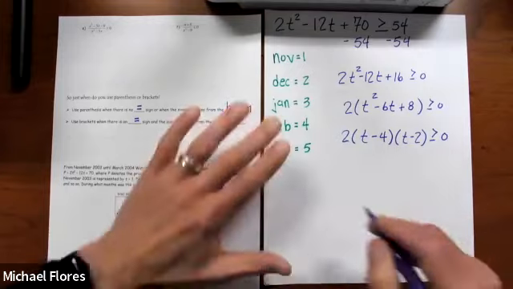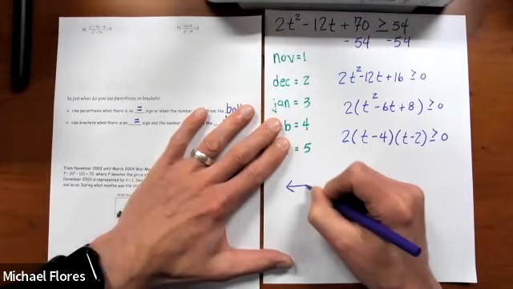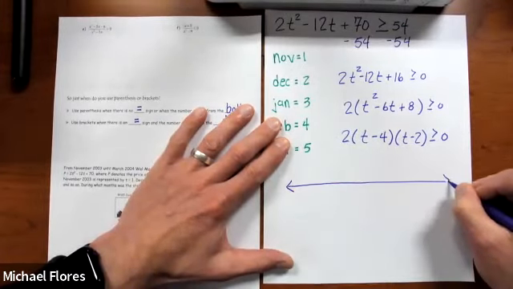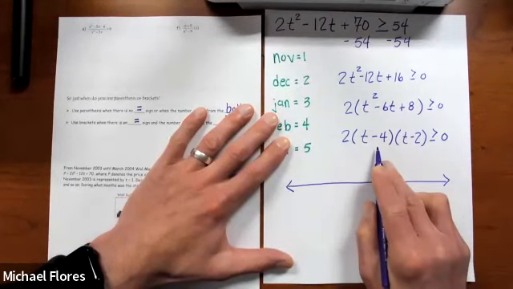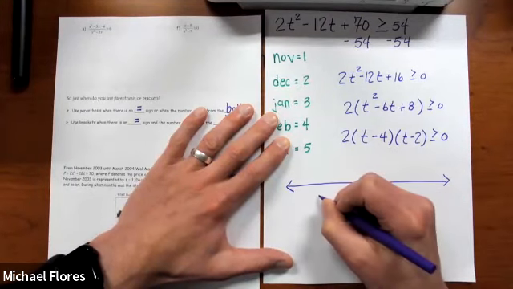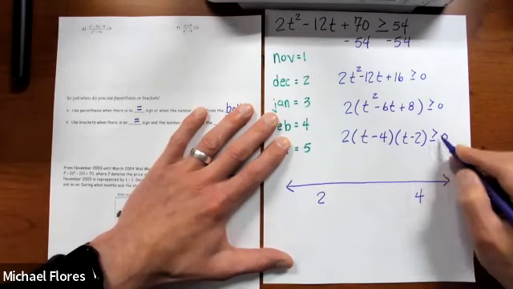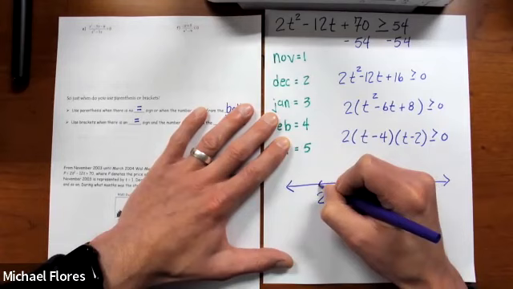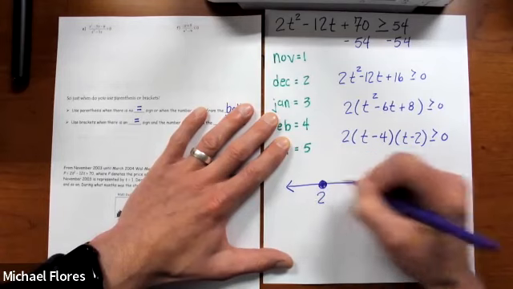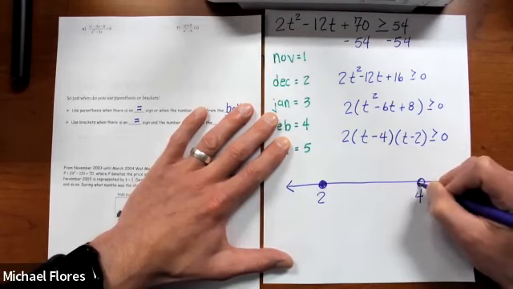Now we know we could construct our number line here. We know that we have an intercept at positive 2 and positive 4. Greater than or equal to, so we could use solid bubbles here.